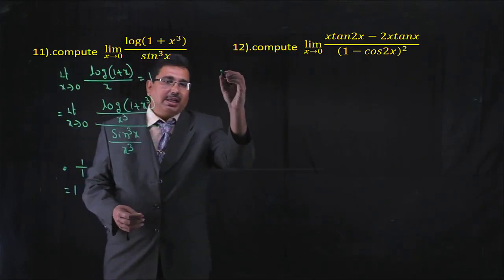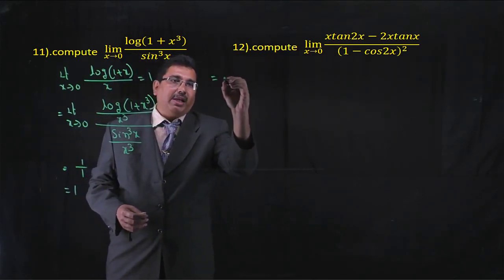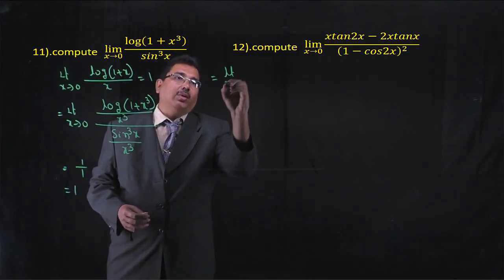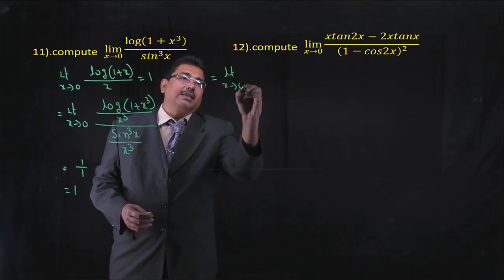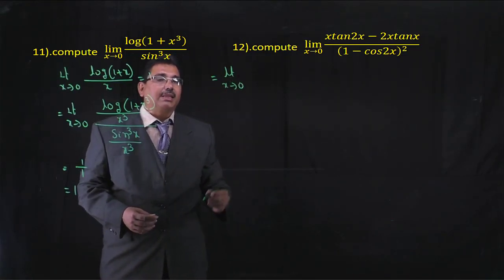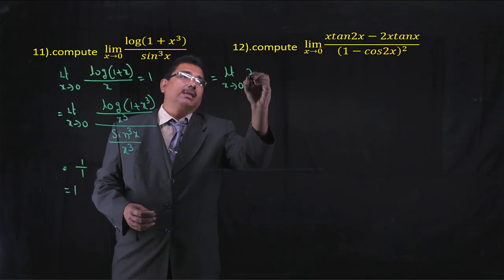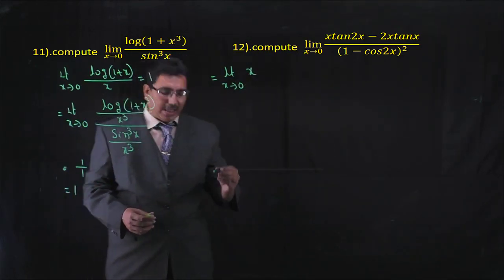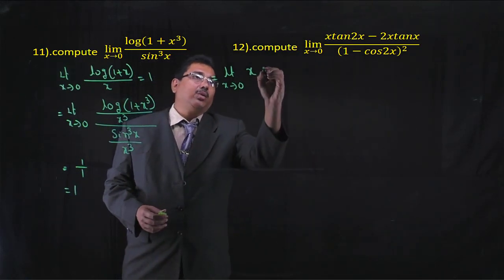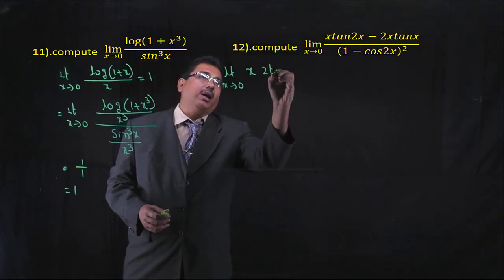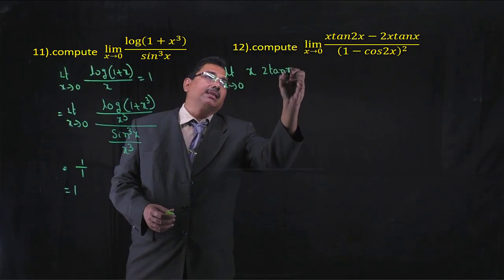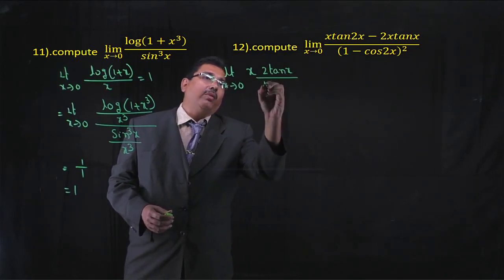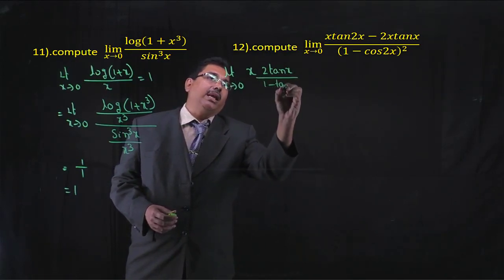That is equal to limit x tending to 0, x into tan 2x. What is the formula for tan 2x? Tan 2x is 2 tan x divided by 1 minus tan square x.